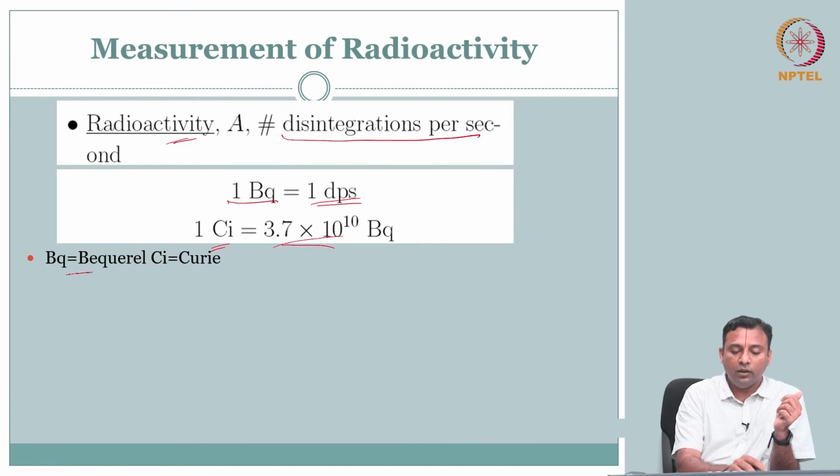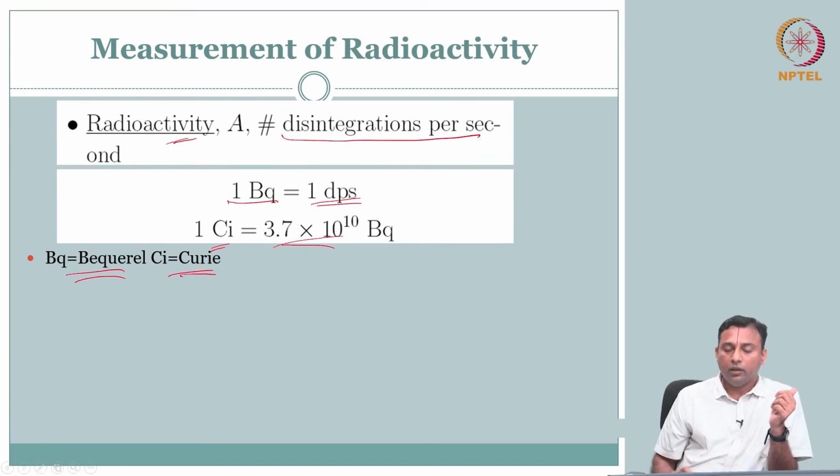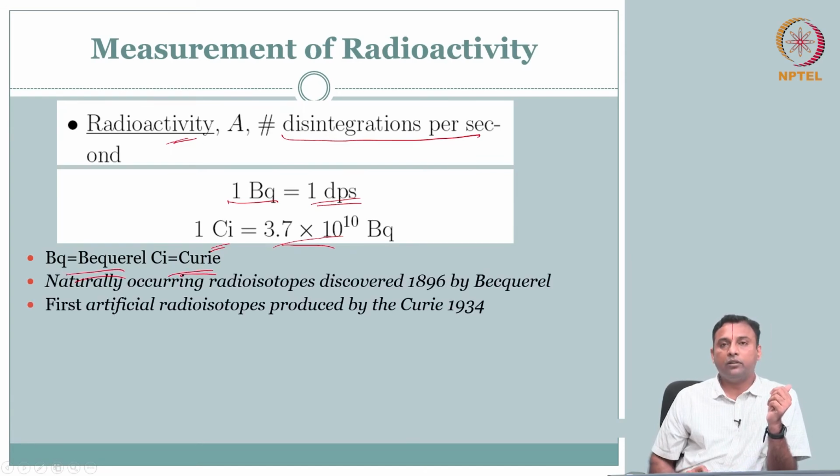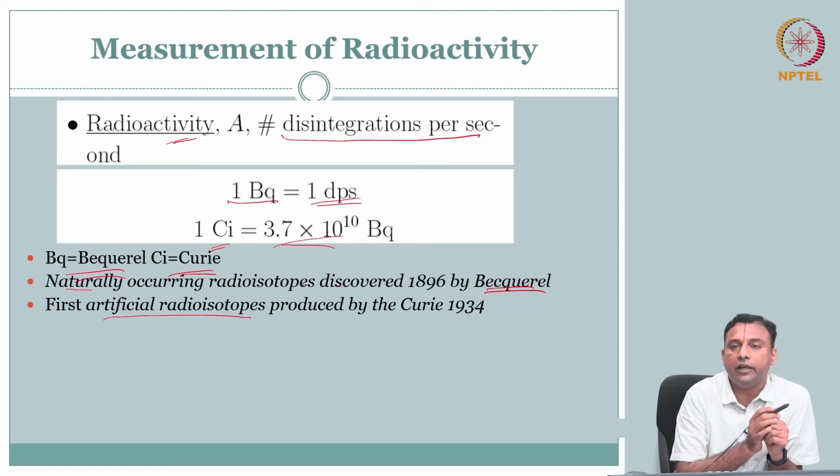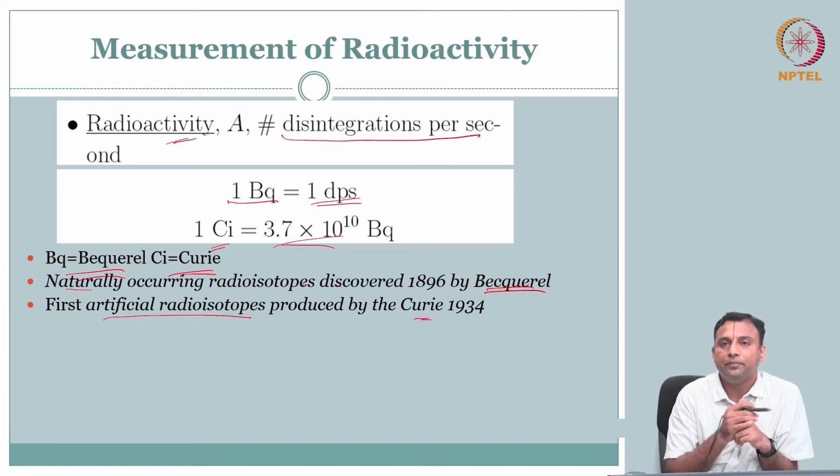So becquerel and Curie are in honor of people who contributed. Naturally occurring radioisotope was discovered by Becquerel. Artificial radioisotope was produced by Curie.